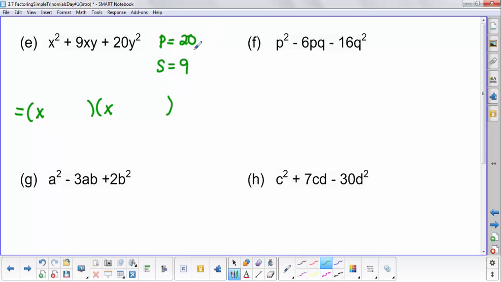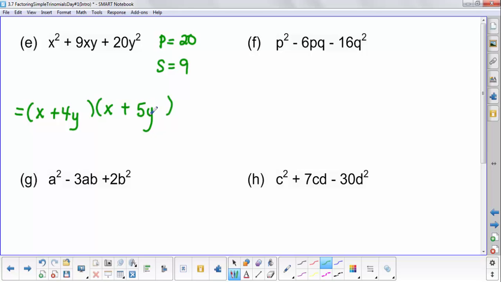And then two numbers that multiply to 20 and add to 9 are going to be 4 and 5. So instead of just putting a +4 and a +5, we're going to put +4 and then the second variable, so +4y, and then +5y. So the exact same process, except you're going to attach your second variable to the end there.